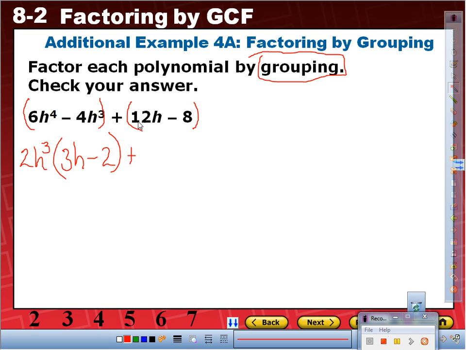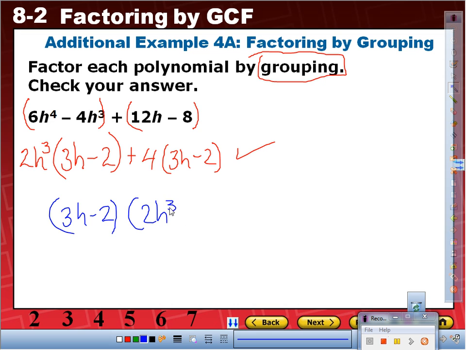The plus, and what's the GCF for these two? 4. And what is 12h divided by 4? 3h minus 2. Now, does this look familiar? Yes. What do both terms have in common? 3h minus 2. And what do we have left? 2h cubed plus 4. Boom.